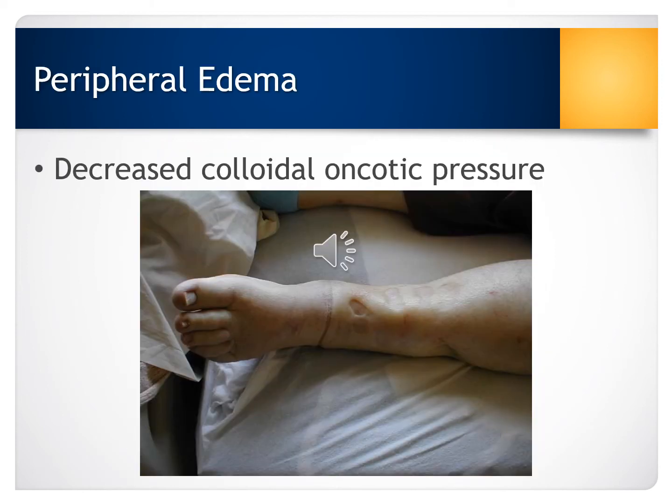Peripheral edema results from decreased colloidal osmotic pressure due to impaired liver synthesis of albumin and increased pressure from the portal hypertension. Peripheral edema typically occurs in the feet, ankles, and presacral areas.